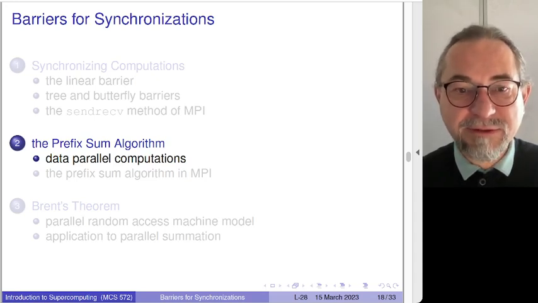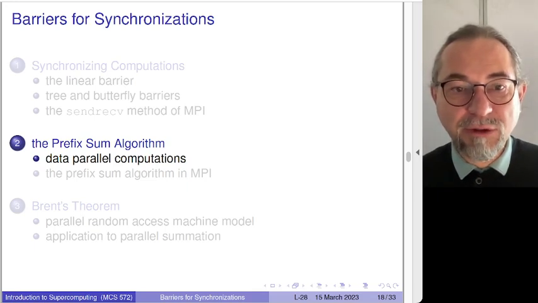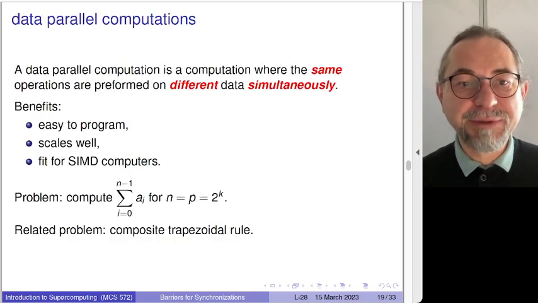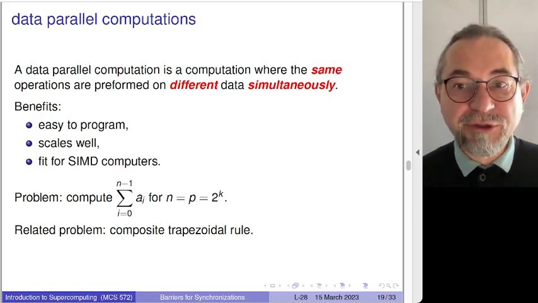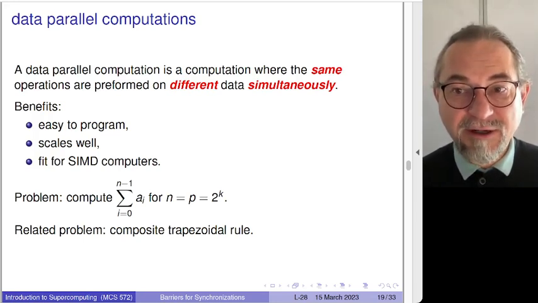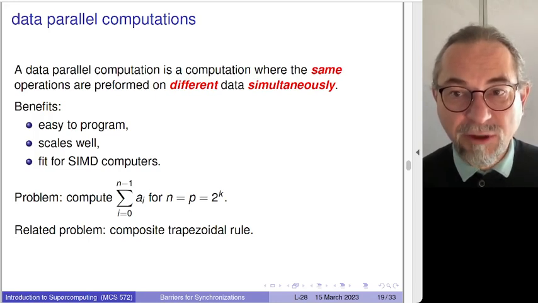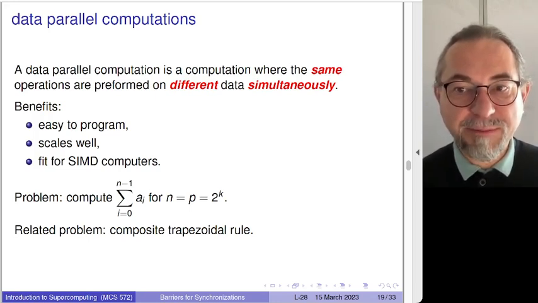Okay, so let's look into data parallel algorithms and look into a very classical algorithm, the prefix sum algorithm. Data parallel algorithms are in some sense the dominant model when we talk about GPU acceleration. So it is an example of the single instruction on multiple data.